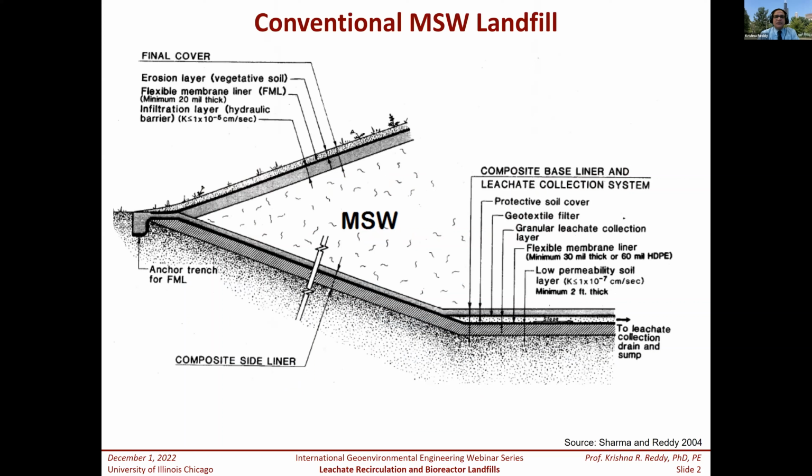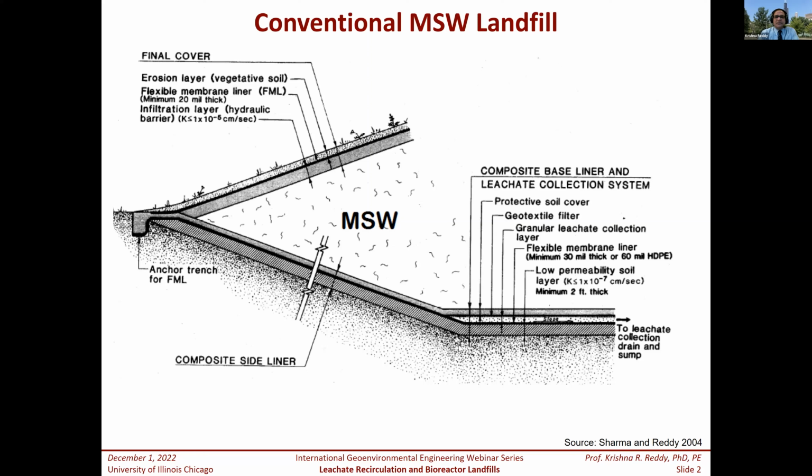So what we are talking about is landfills. This is the conventional landfill design. Many of you probably already know this one. This is the minimum requirements for landfills in the US, and most of the other countries have adopted the same thing.